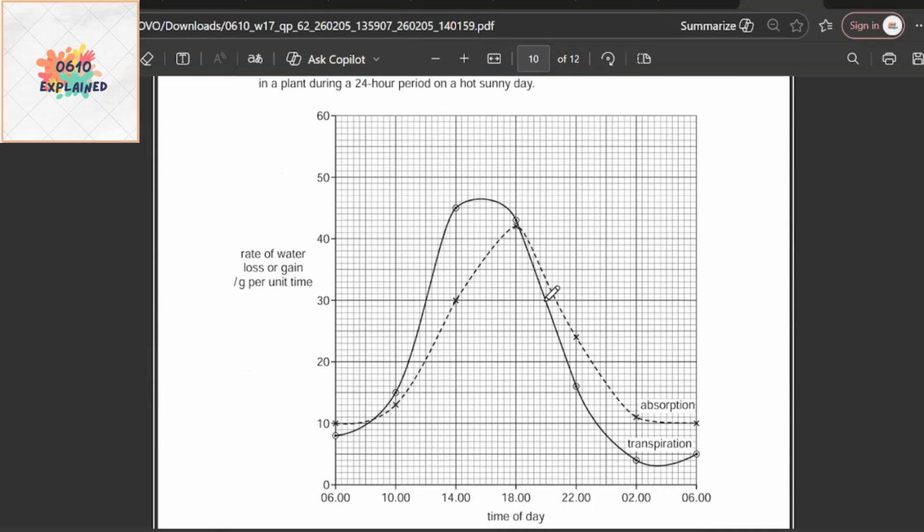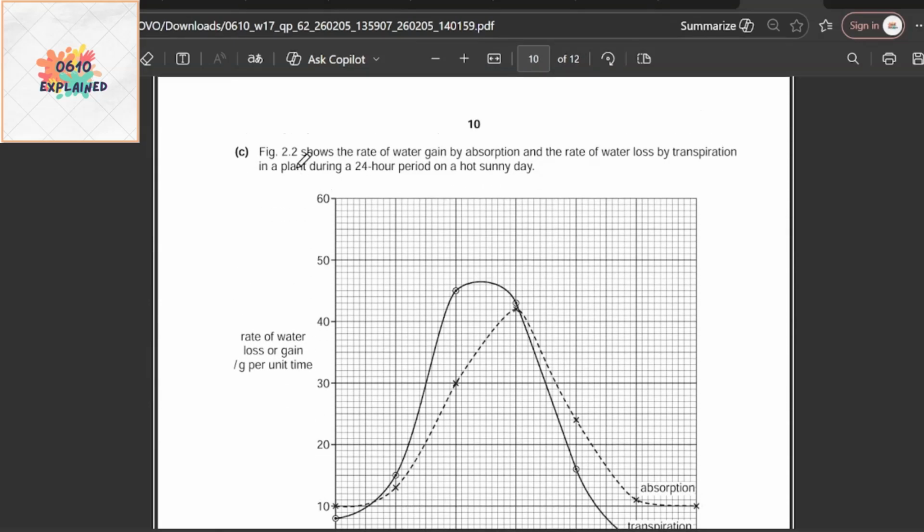Now the next question is, figure 2.2 shows the rate of water gain by absorption and the rate of water loss by transpiration in a plant during a 24-hour period on a hot sunny day. Now, as we understand, the water gain will be done by the roots by the process of osmosis.